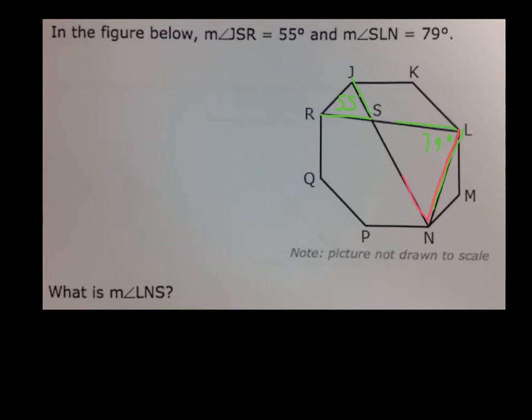Well, check it out. The measure of JSR is 55, and this one here is a vertical angle to that, so I know that is also 55 degrees. And so if I'm trying to find this angle down at the bottom here, I'm going to start with 180 because that's the sum of the three angles in any triangle.